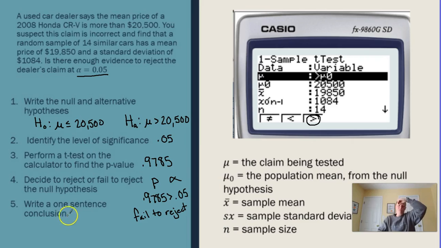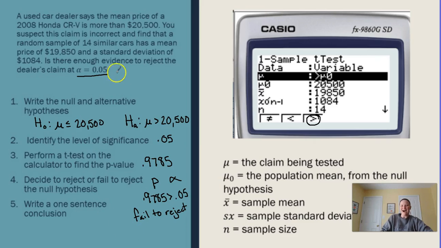Then my one-sentence conclusion, we're going to say reject or fail to reject. In this case, it was fail to reject the null hypothesis because, tell me about p and alpha, p was greater than alpha, so, and then the so is in the context of the problem.